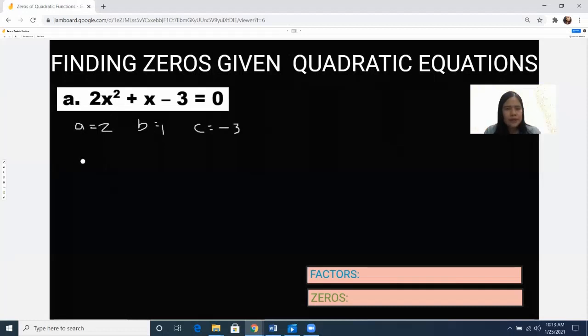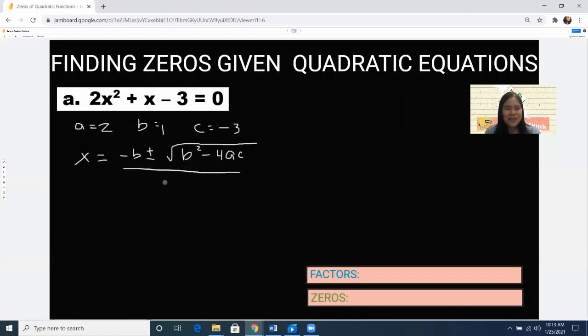There you go. Then we'll use the quadratic formula. It is negative B plus or minus, I'm not sure if I can still memorize it, the square root of B squared minus 4AC, all over 2A. So this is the quadratic formula.